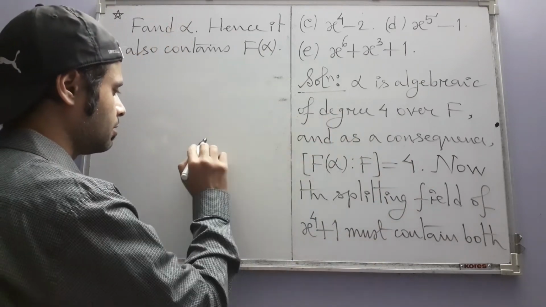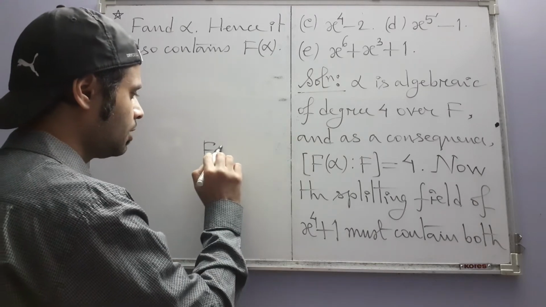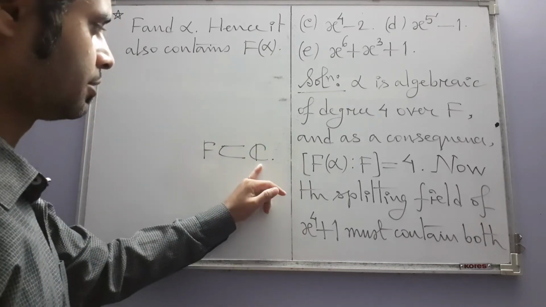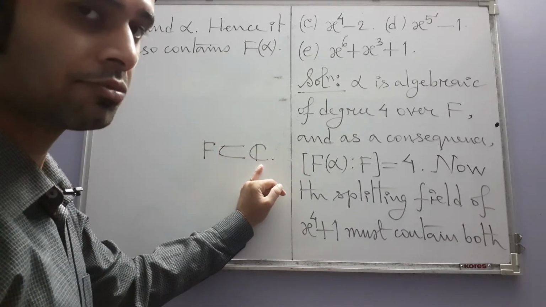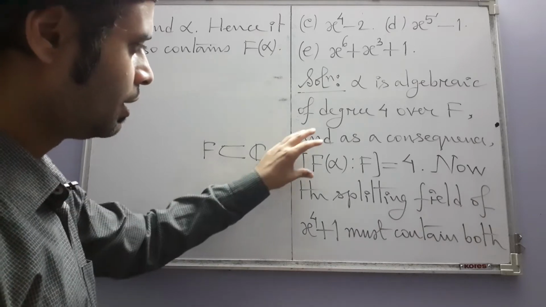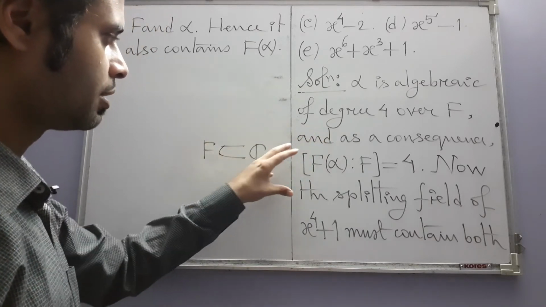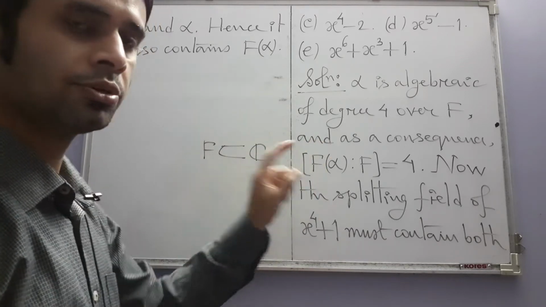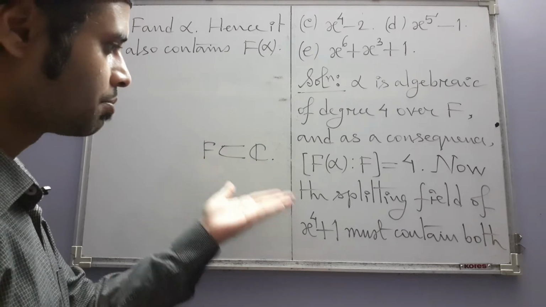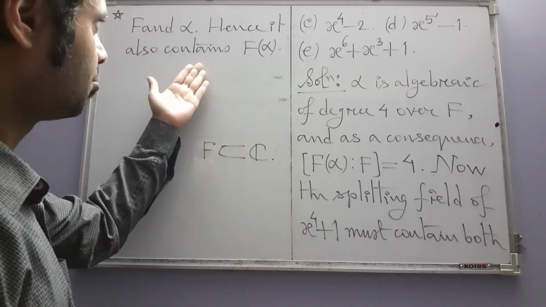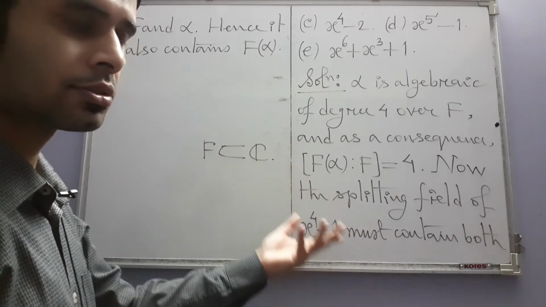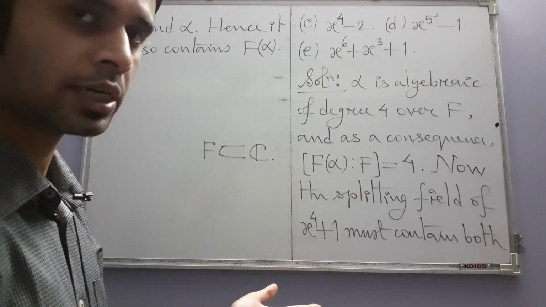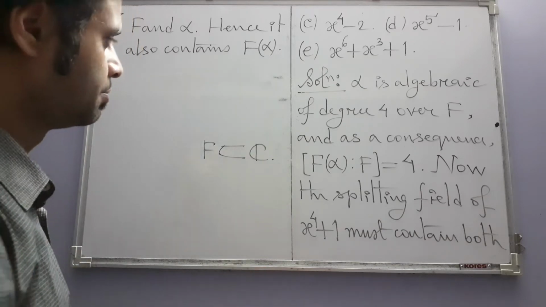Say, before everything else you already have this extension, the field of complex numbers. So F(alpha) is, for example, the smallest subfield of C containing both F and alpha, and the splitting field, due to its nature, must contain both F and alpha. So F(alpha) needs to belong to the splitting field, or needs to be contained in the splitting field as a subset.